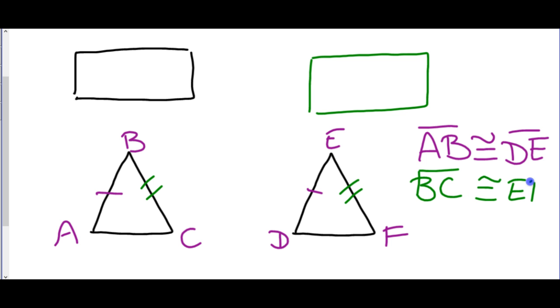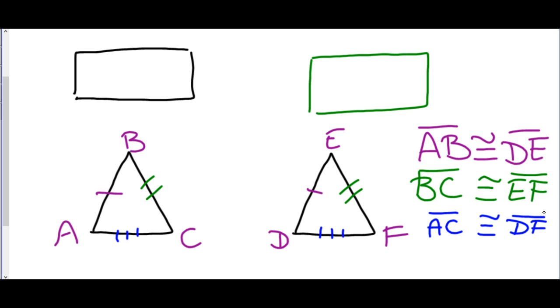BC is congruent to EF. And one more. Let's mark this side the same, so we can say AC is the same as DF. Well, we might be able to say, oh, all the sides match. That must mean everything's congruent, but we don't know that for sure yet.